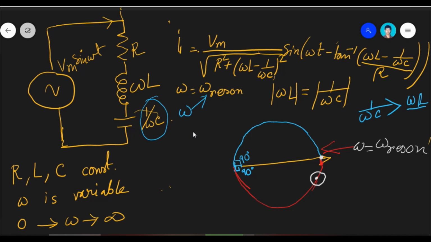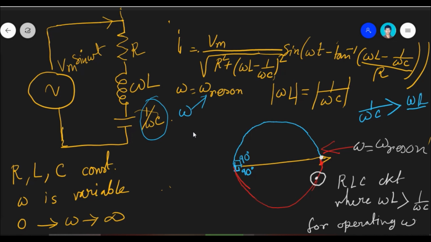Your circuit behaves like a particular RLC circuit where omega L is greater than 1 by omega C at the operating omega. So at that point, what is the amount of real power? It is very easy to figure out.